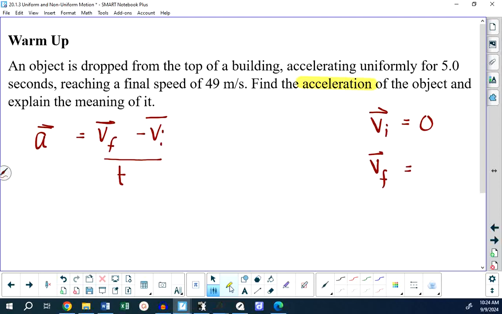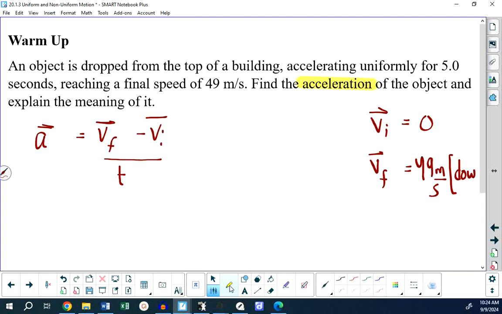Well, if you say it's 49 meters per second, I'm going to challenge you to understand why that's wrong. That's the final speed. What's the final velocity? Down, exactly. 49 meters per second down.